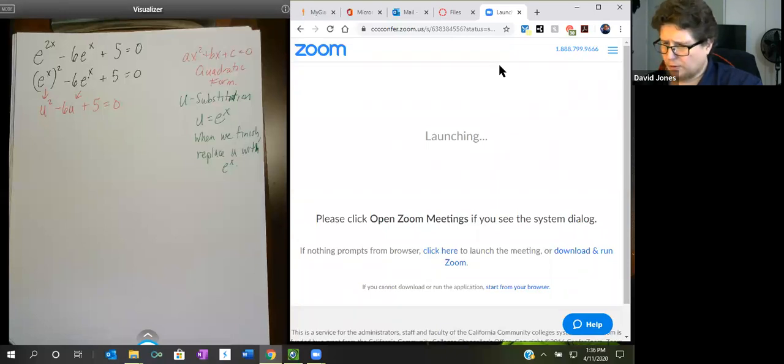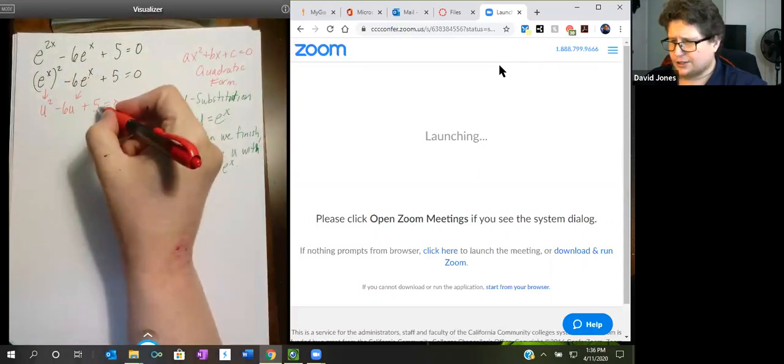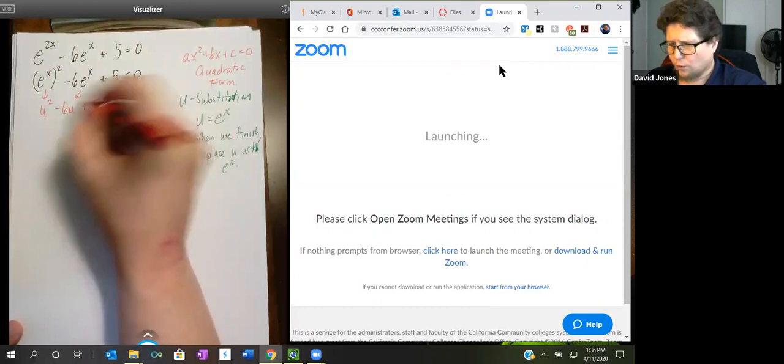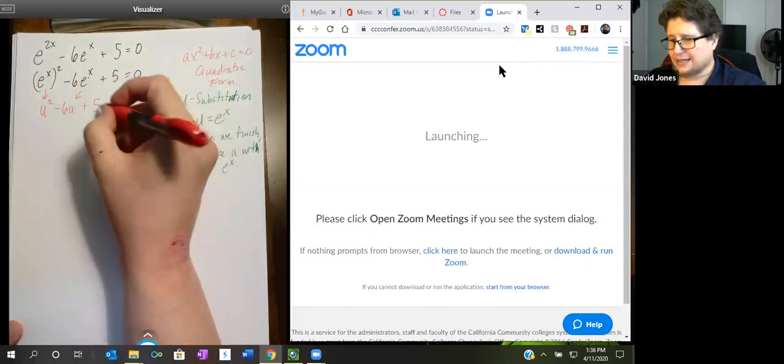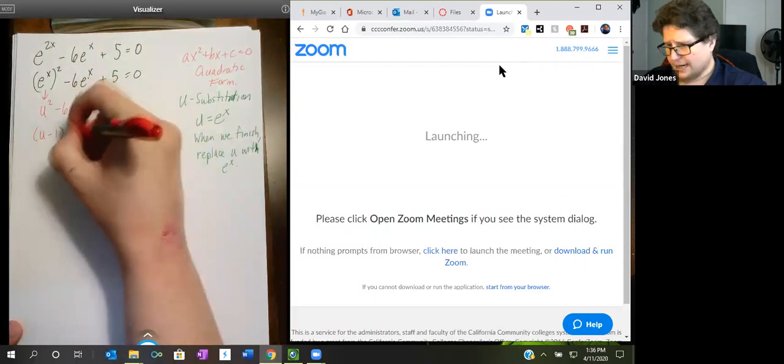Is this factorable, or should we use the quadratic formula? For me, it factors. I can recognize it. We need things that multiply to positive 5 but add to negative 6. When they're one apart like that, they tend to be this number and 1. And it needs to be negative so that we end up with negative 6.